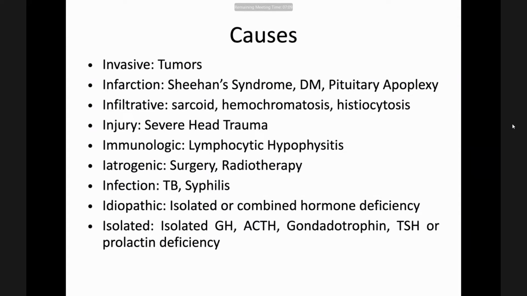Similarly, infiltrative like sarcoidosis, hemochromatosis, histiocytosis, injury like head trauma, immunologic like lymphocytic hypophysitis, an inflammatory disease, and iatrogenic like surgery, pituitary gland को surgery भयो भने radiotherapy गर्यो भने कहिलेकाहीँ pituitary hormone deficiency हुन सक्छ. Infection like tuberculosis and syphilis, and idiopathic like isolated or combined hormone deficiency, कहिलेकाहीँ genetic हुन सक्छ, or isolated growth hormone deficiency, ACTH अथवा gonadotropin deficiency हुन सक्छ, isolated hormone deficiencies हुन सक्छ.